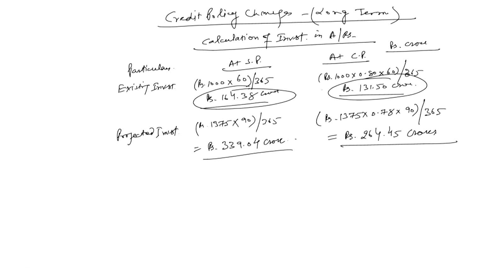New investment is expected to be, at the selling price, 339.04 crores from the existing level of 164.38 crores, and at the cost price this is expected to be 264.45 crores from the existing level of 131.50 crores. So now this investment we have worked out in the receivables; projected investment in the other current assets other than the receivables is already given to us.